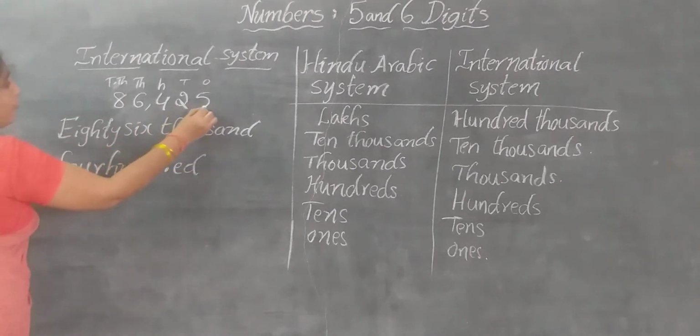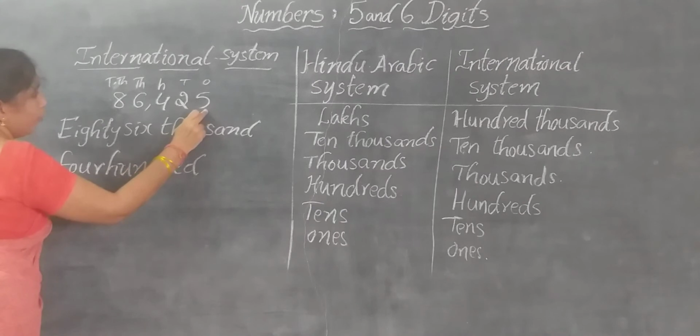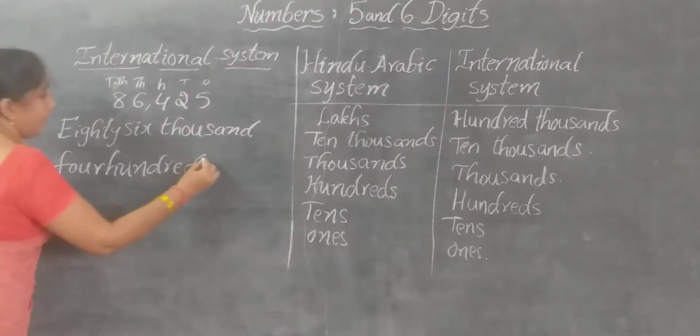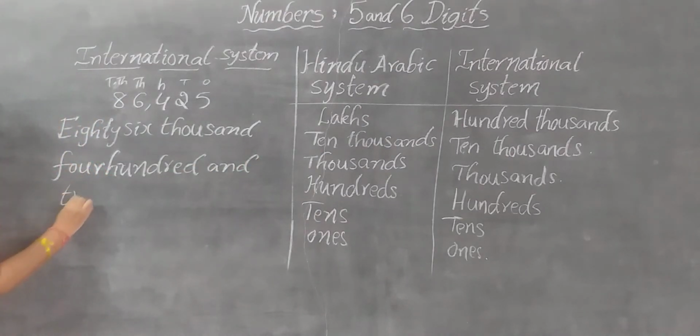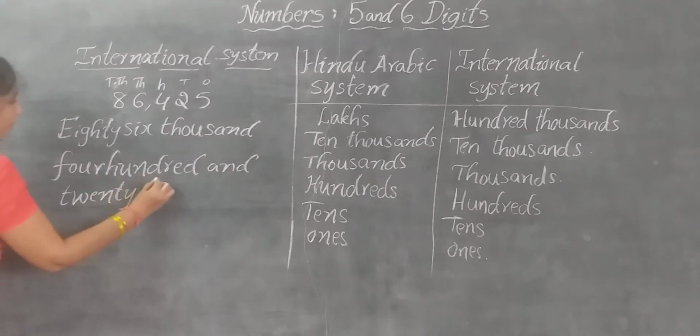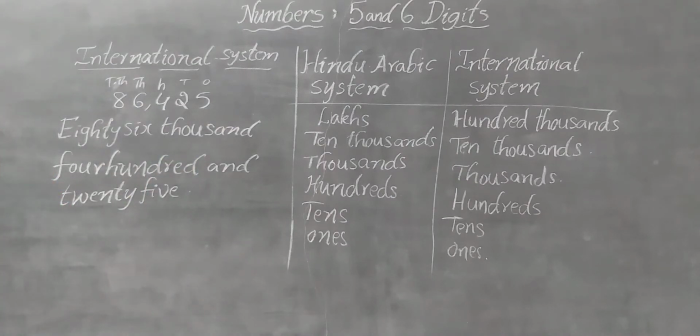This one, 25 or 25? 2 tens are 20 now. So 25. We have to say this one as 25. 425. Twenty-five.